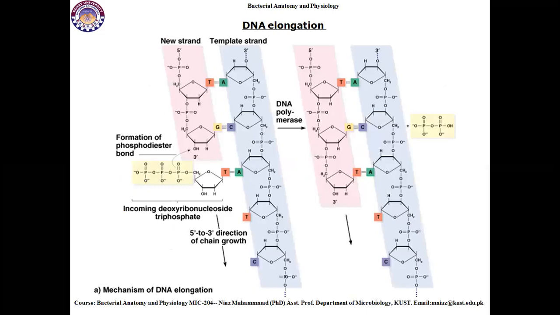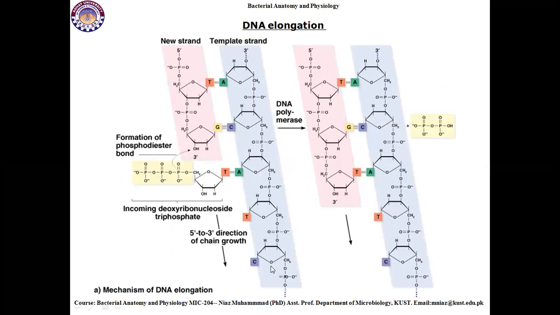If we see here, DNA elongation, this is the template strand, and this is the newly growing strand. If you want to see the mechanism, this is adenine. It starts from 3'. This is cytosine. This is adenine.